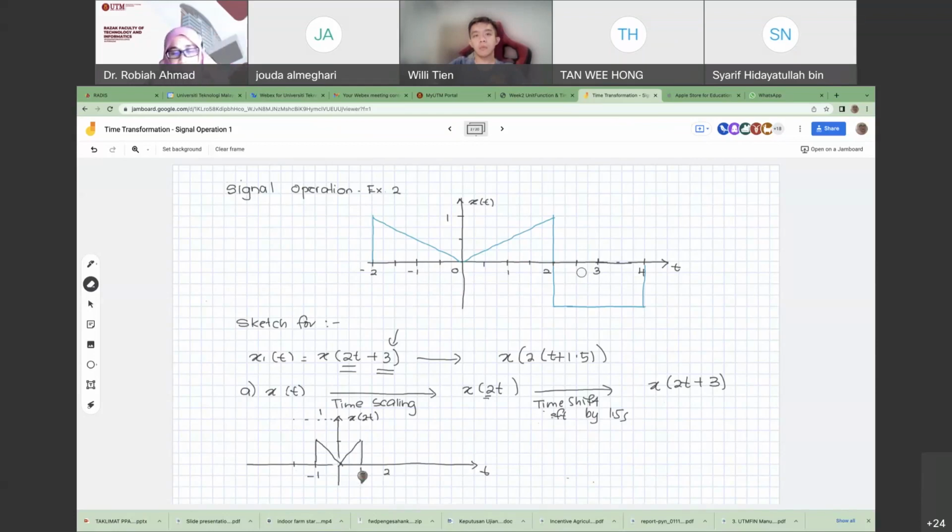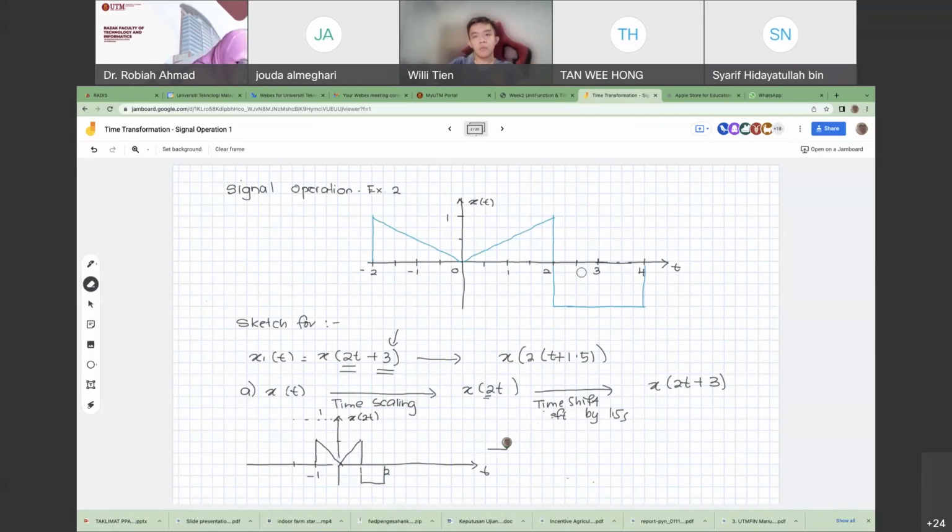Okay, everyone can do the scaling? We did scaling first. Any questions so far? Okay, then from scaling, we go to shifting.